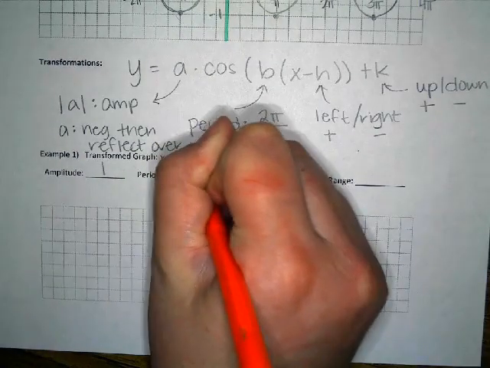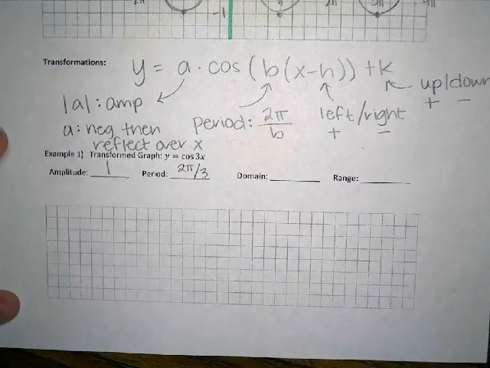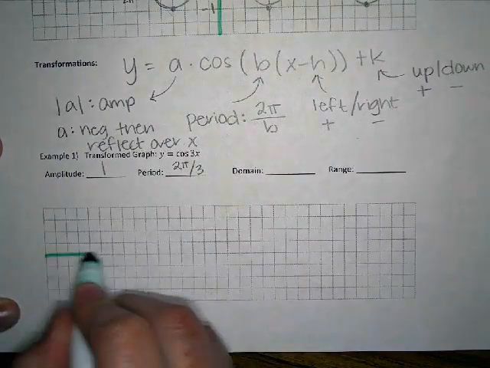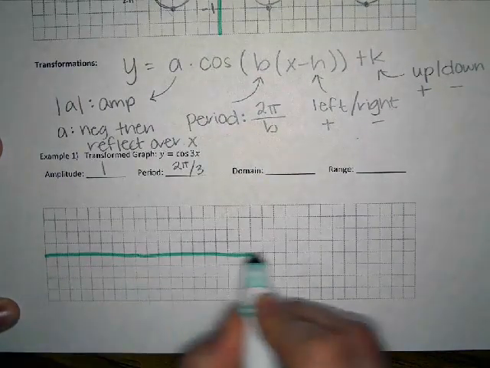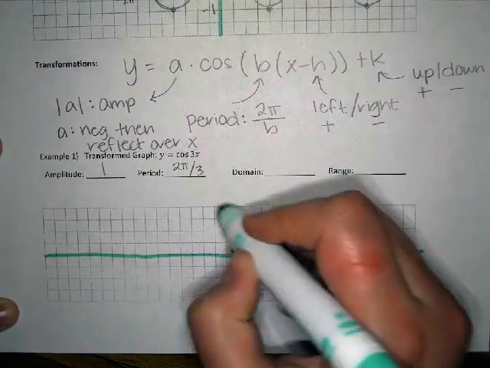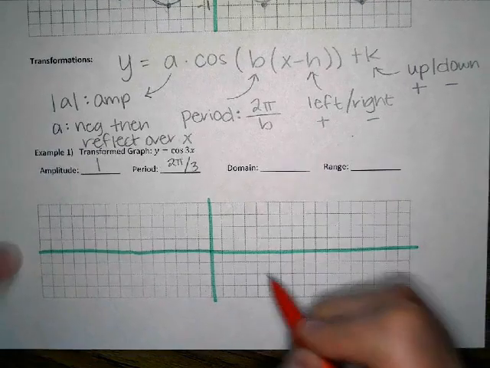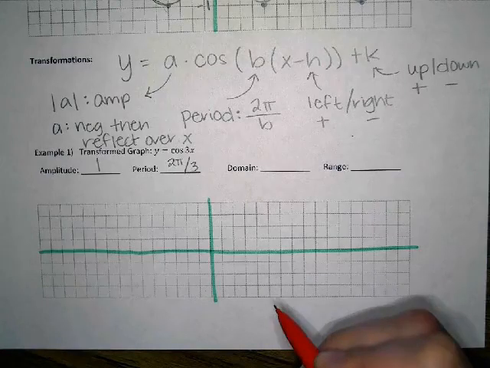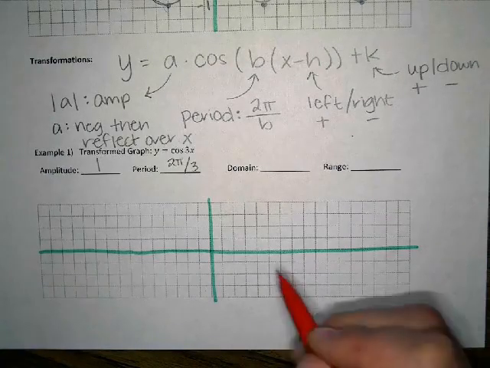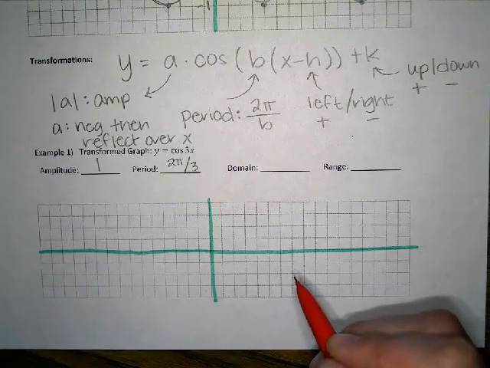Okay, so I'm going to go ahead and draw my x and my y axis. Whenever we draw along the x-axis, we're always going to do every 4 boxes, 8 boxes, or 12 boxes.